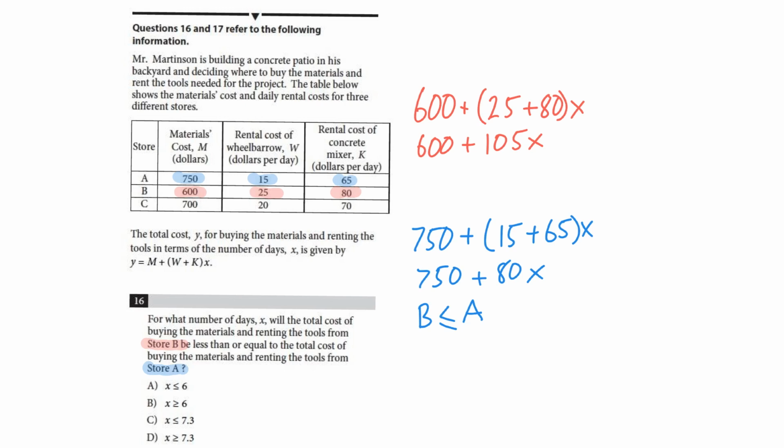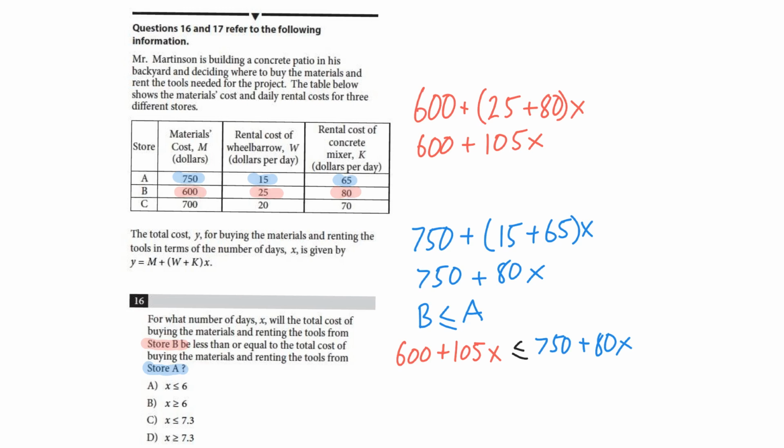B is 600 plus 105x, and we want to know when that is less than or equal to A, which is 750 plus 80x. I'm going to subtract 600 from both sides.